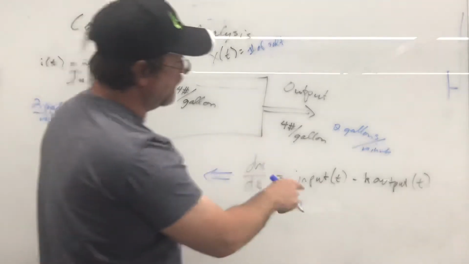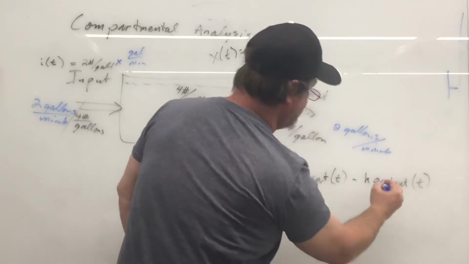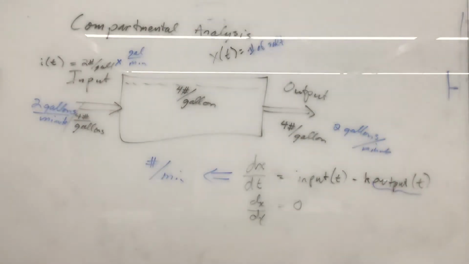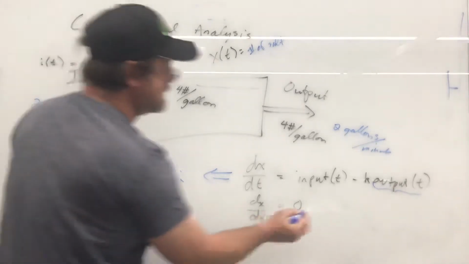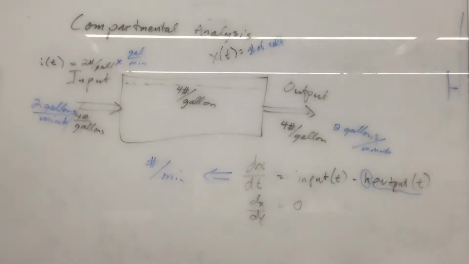And over here, 4 pounds per gallon, that is, again, the output, but we need to multiply by the number of gallons per minute in order to get this into the correct units in pounds per minute, okay? So, basically, this K out here is the fraction that tells us what portion of the tank is pouring out over the course of a minute.